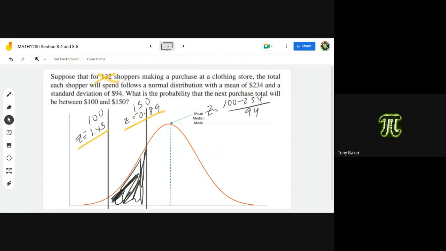I haven't done it yet, so I physically have to look them up. Negative 1.43 is 0.07780. And negative 0.89 is 0.18673. So subtract 0.18673 minus 0.07780.